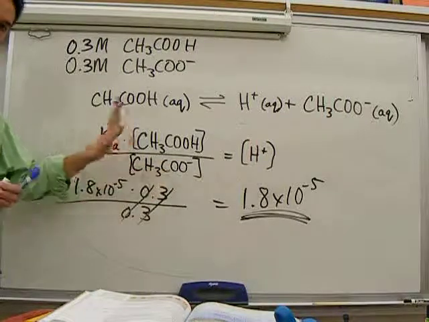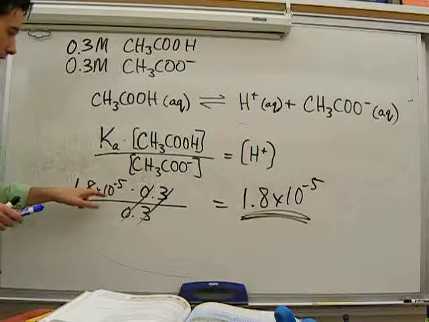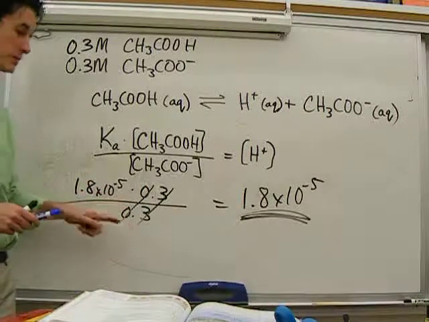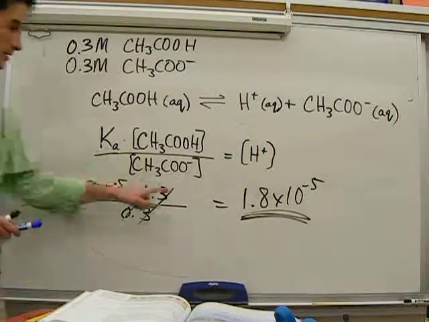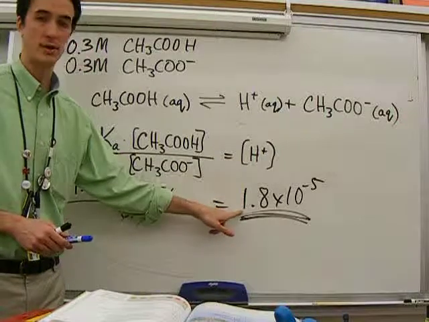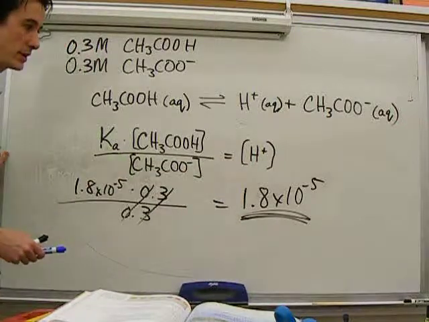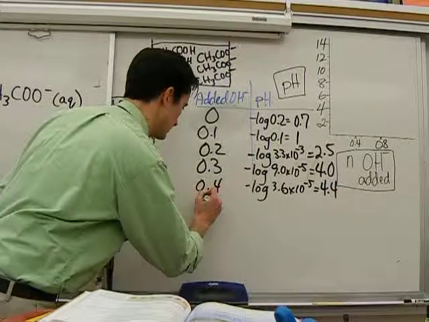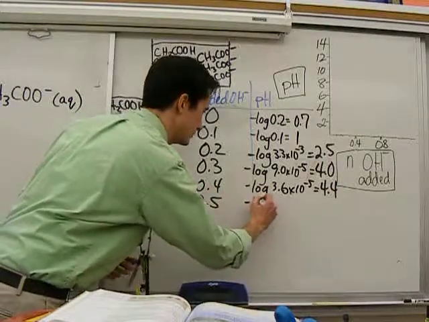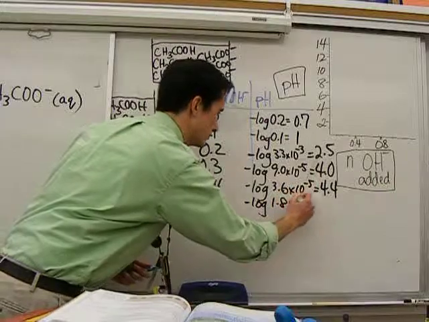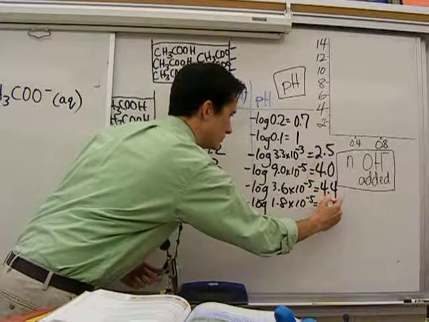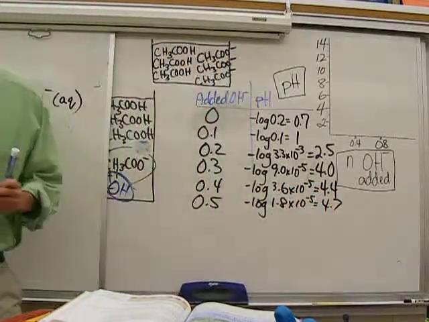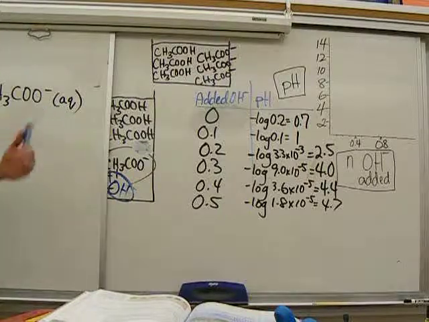Same concentration in the solution, and now the pH is going to be the same as the pKa, right? Because this is the H+. This is the concentration of H+ in solution. 4.7, 4.74, something like that.